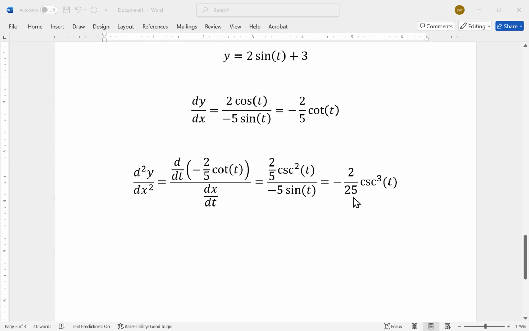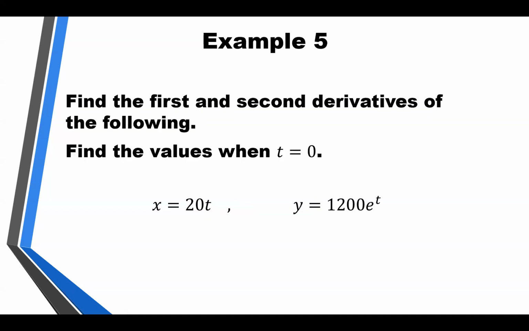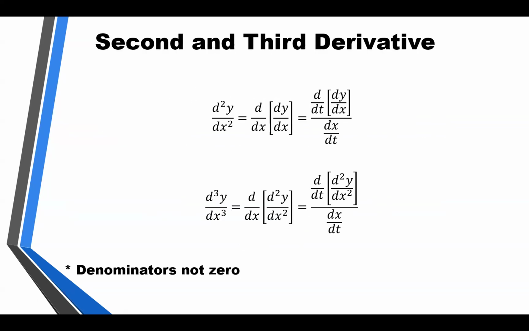Second derivative looks pretty wild, but that's just what it is. So we have calculated a lot of first and second derivatives, and we've used that formula here and here.